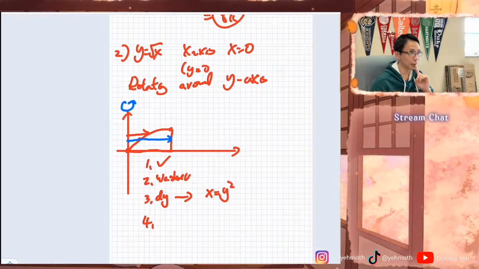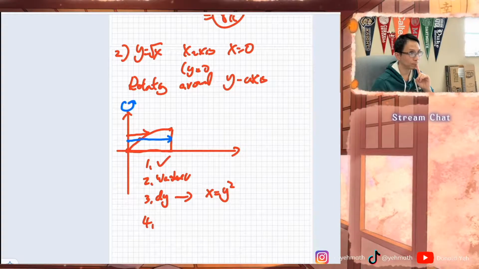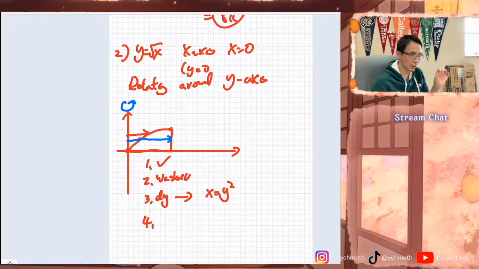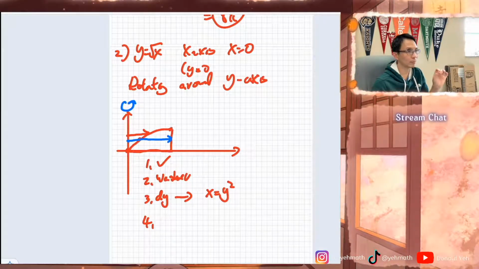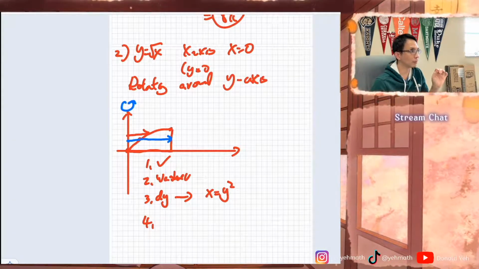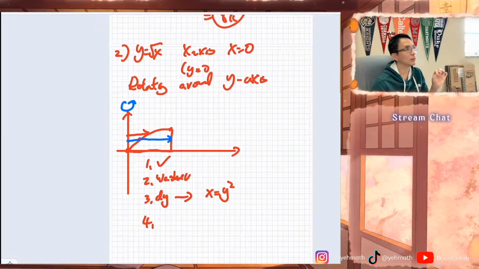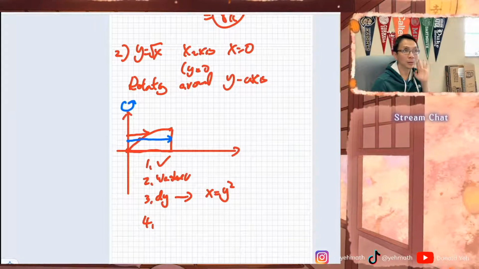What's the fourth step we had to figure out? The boundary. So the boundary is from where to where? No, not negative 4 to positive 4. Not negative 4 to 0.